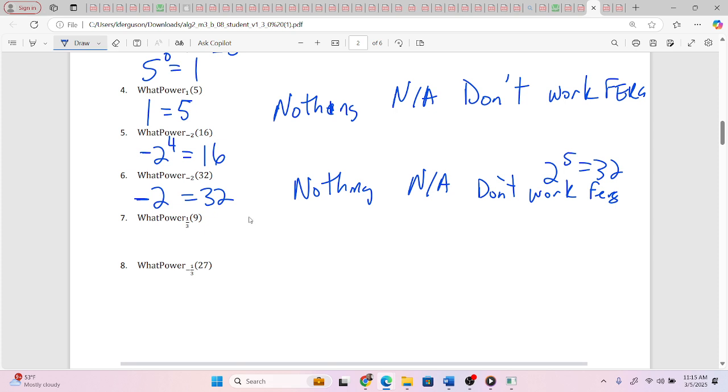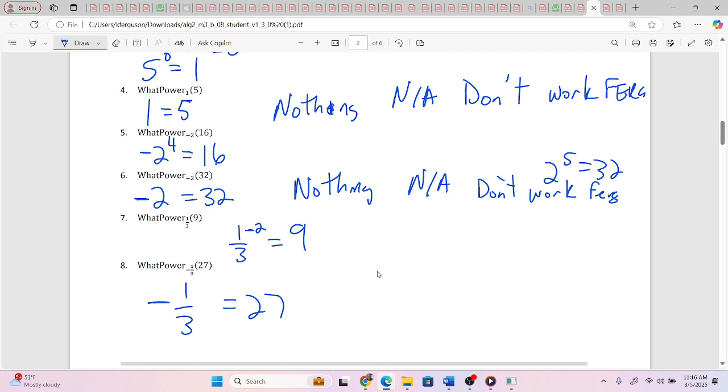So we've got time for maybe 2 more. What power of 1/3 equals 9? It's definitely a 2. It's -2 because I started with a fraction and ended with a whole number. So the negative is going to change my position, and the 2 is going to take 3 to 9. What power of -1/3 is 27?